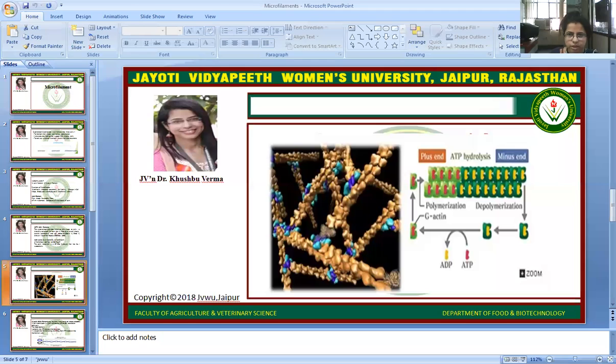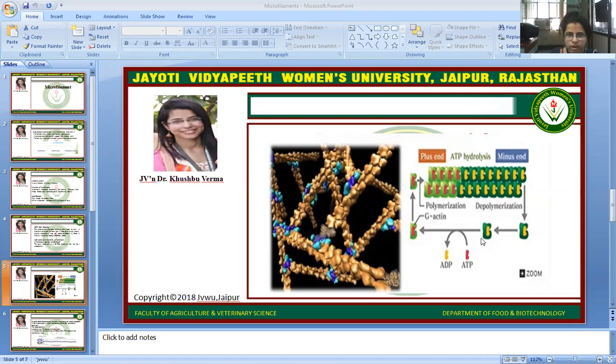Here we can see a simplified structure of the F-actin strand. This is one F-actin strand. This is another F-actin strand. This is a G-actin monomer.